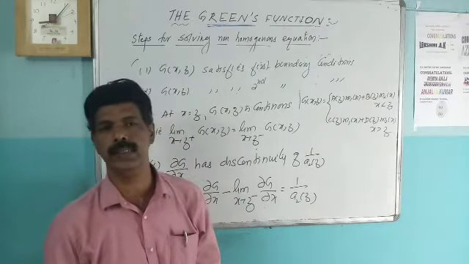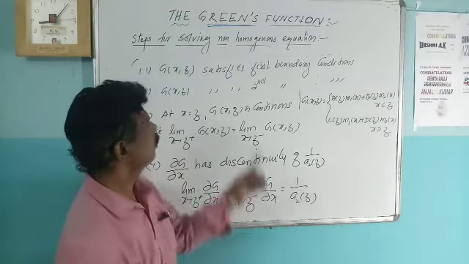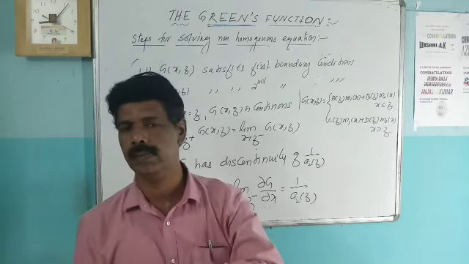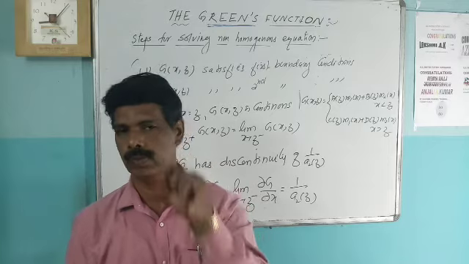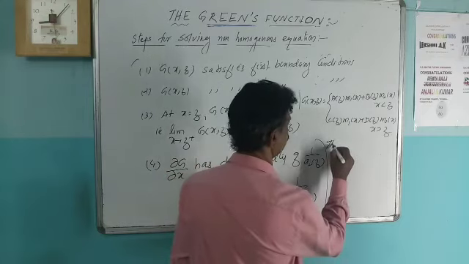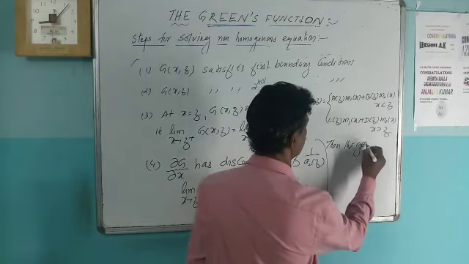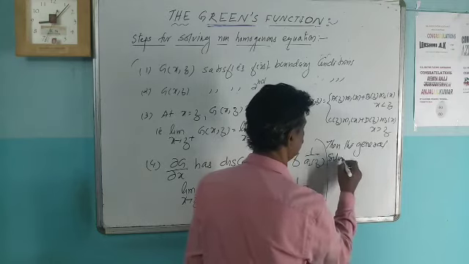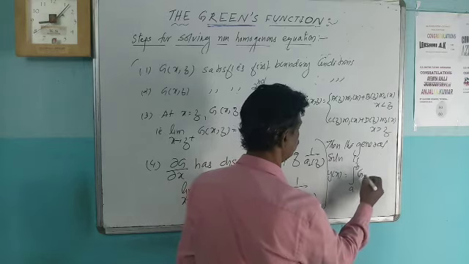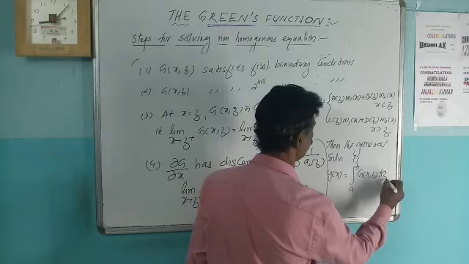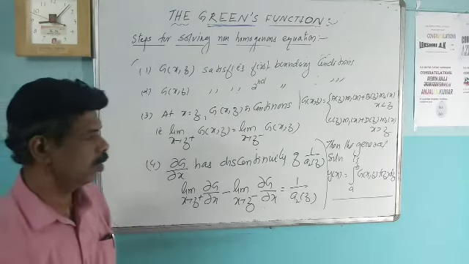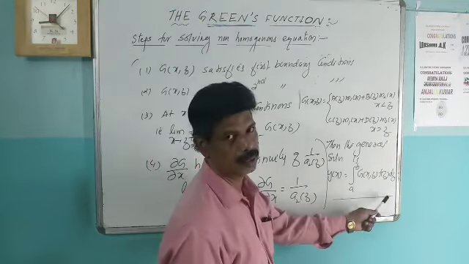But we have to find the general solution of the given differential equation, d square y by dx square plus a1 x into dy by dx plus a0 x into y equal to f of x. So we have to find the solution y of x. The general solution is y of x equal to the integral from a to b of g of x z into f of z dz.